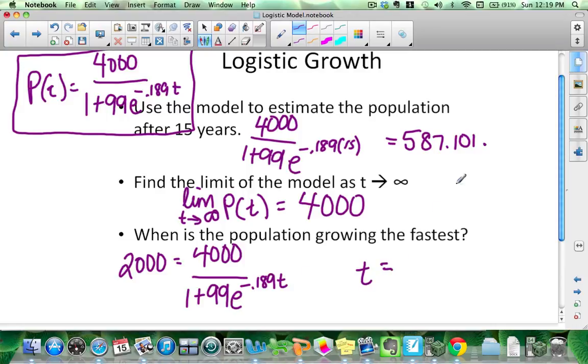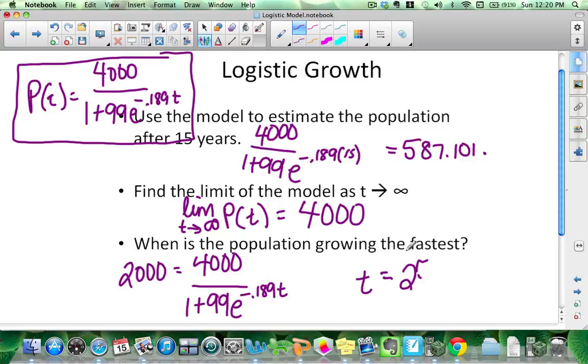And when I solve that for t, I get about 24.313 years. So the population will be growing the fastest about 24 years later. I'm not too worried about the accuracy here. I just want to make sure we're getting the concepts right now.